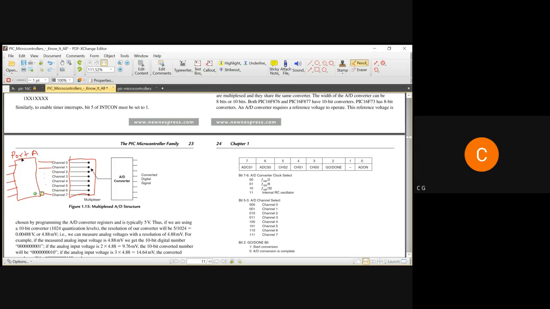Okay. So now you see from port A, any one channel is sending the signal, so all the channels are getting the signals. You program the multiplexer such that at a time it is going to send only one analog signal that is being received by the A to D converter, and then this signal is going to the microcontroller.